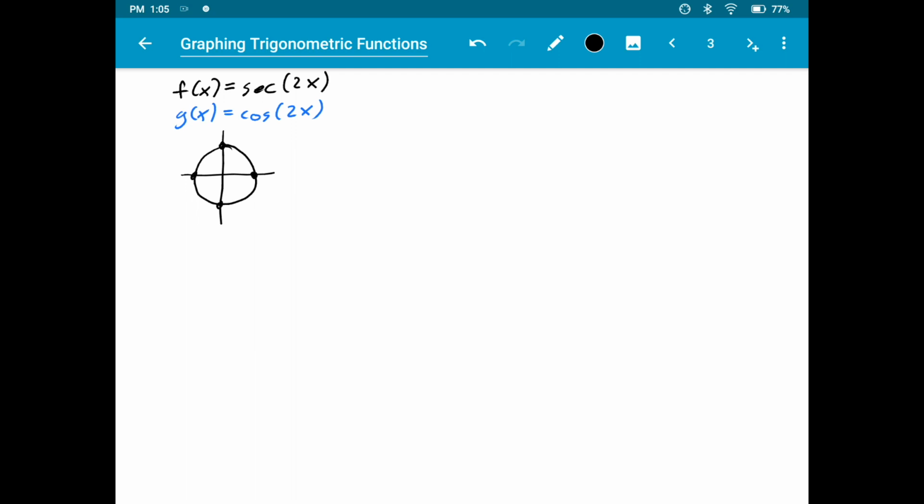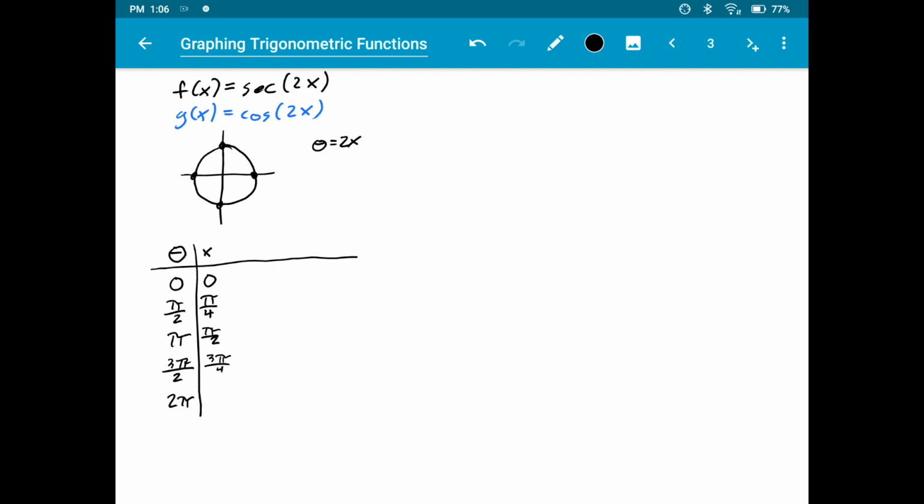And so the thetas that we care about will be 0, pi over 2, pi, 3 pi over 2, and 2 pi. And those thetas come from x values of 0, pi over 4, pi over 2, 3 pi over 4, and pi.